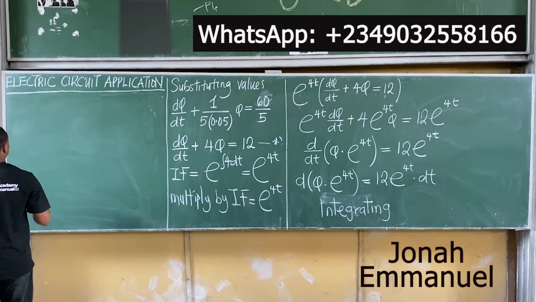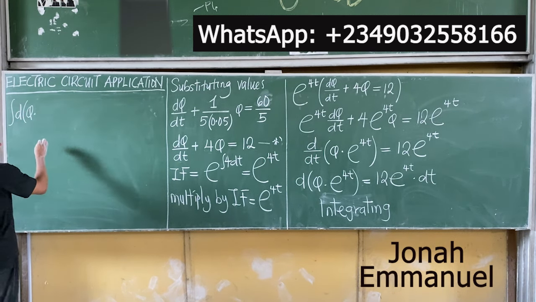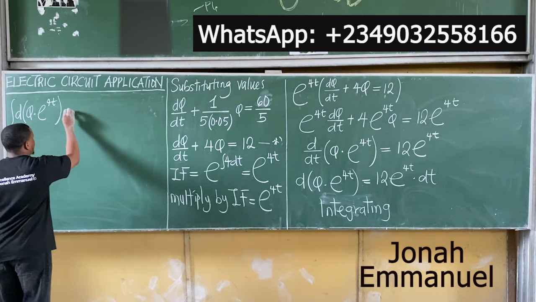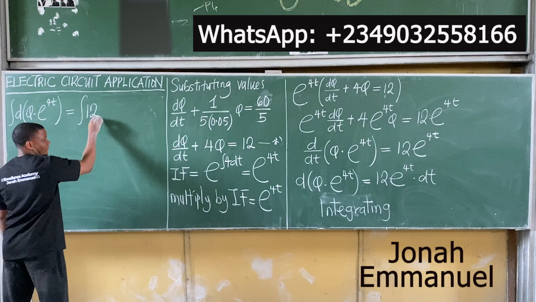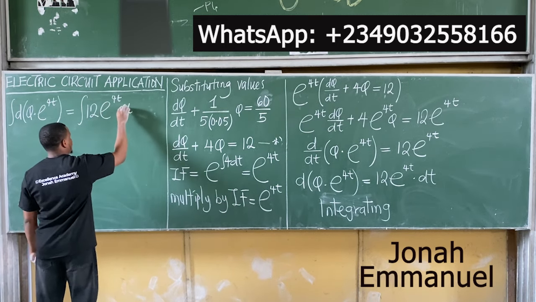I have the integral of d of q times exponential 4t, equal to the integral of 12 exponential 4t dt.